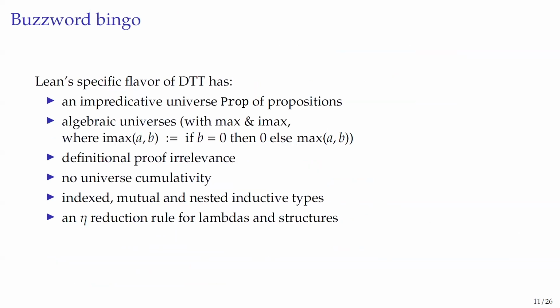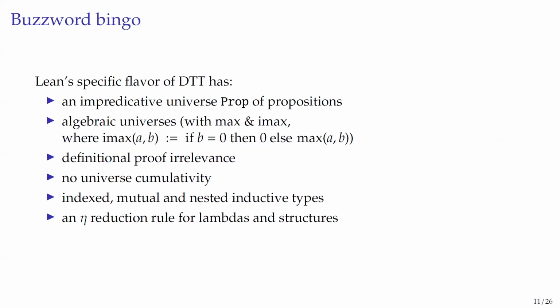So there is an impredicative universe of propositions, and it has this hierarchy of universes, and it uses algebraic universe levels. It has this imax function, which is how you model it, but it basically does the algebraic theory of imax and max expressions. It has definitional proof irrelevance. It does not have universe cumulativity. It has indexed mutual and nested inductive types, and it has an eta rule for lambdas, structures, and inductive types.